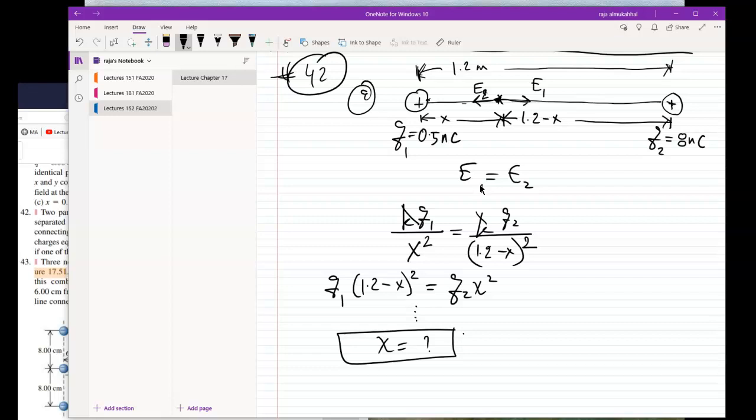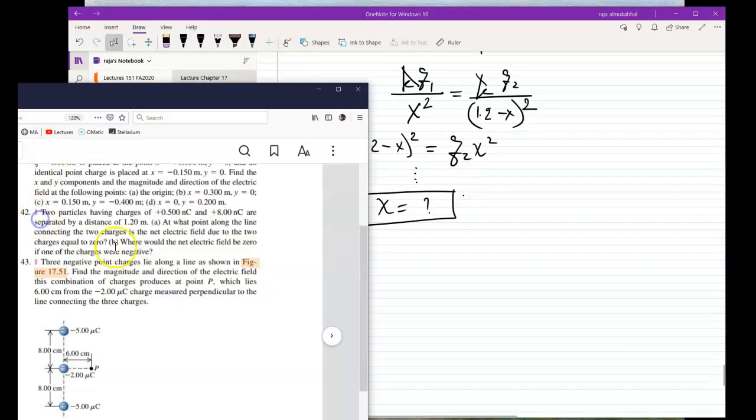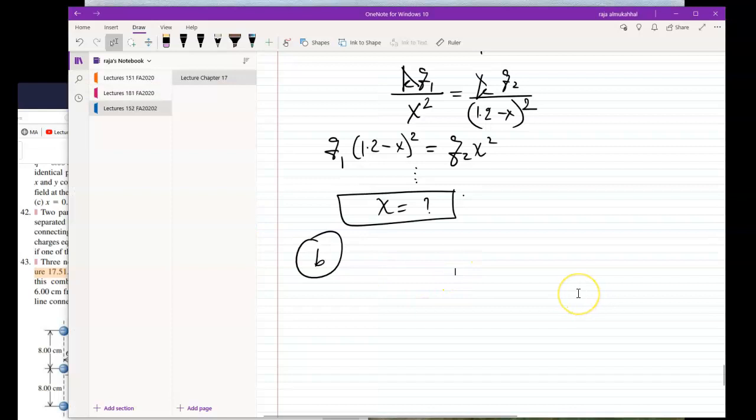Part B of the problem: where would the net electric field be zero if one of the charges were negative? I'm going to draw it again.